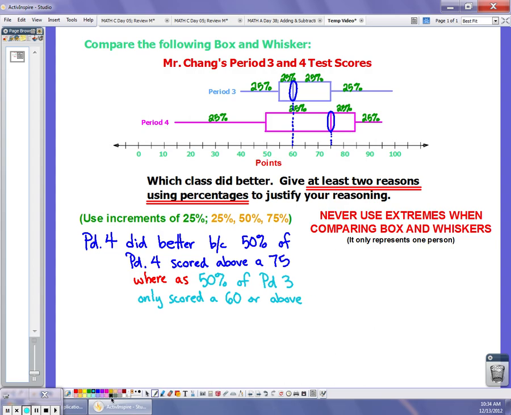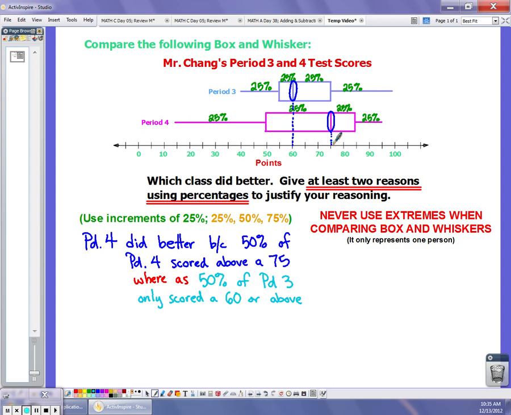So this is one reason why period 4 may have done better. We can take a look at our medians and see that 50% of period 3 only scored a 60 or above, whereas in period 4, 50% of the class scored a 75 or higher. So that's a lot better.